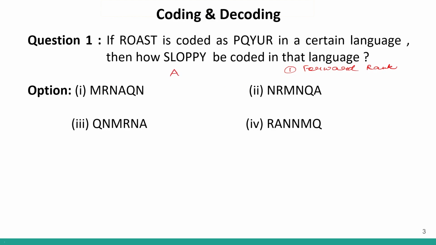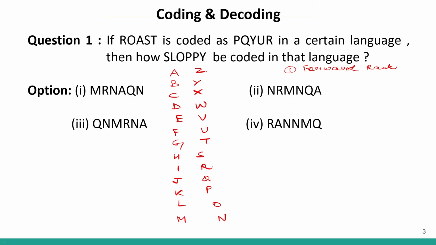That means if these are our alphabets A, B, C, D, E, F, G, H, I, J, K, L, M, N, O, P, Q, R, S, T, U, V, W, X, Y, and Z, we give them rank in an increasing order.